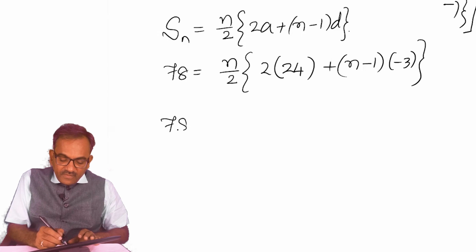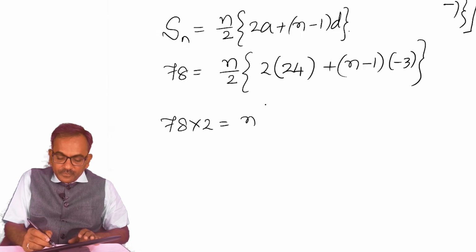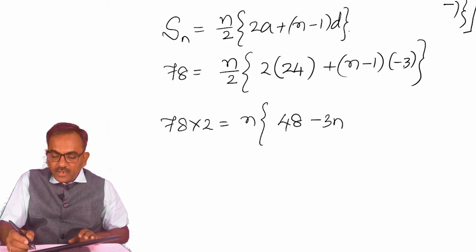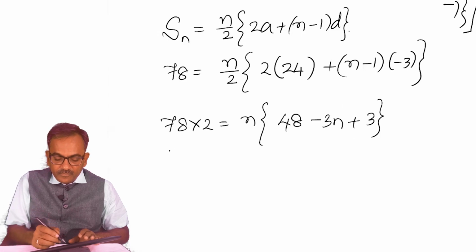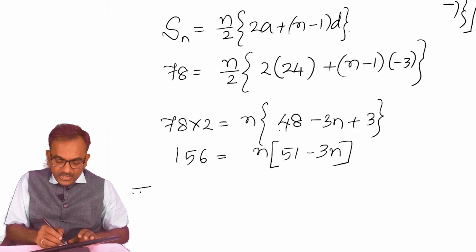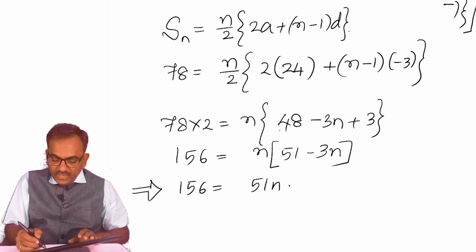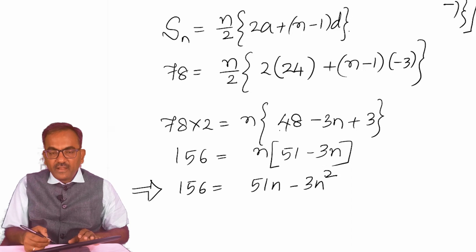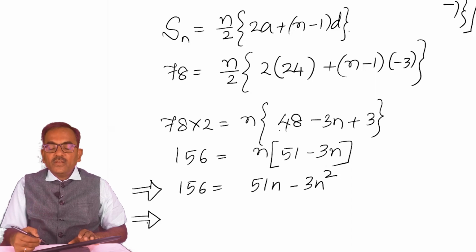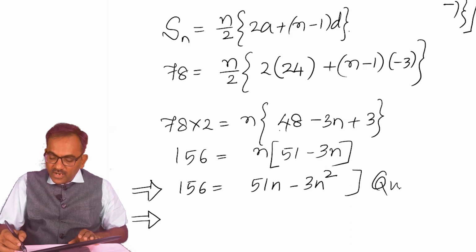So this is 78 into 2 is equal to n times 24 2s are 48 minus 3n, minus into minus is plus 3. 156 is equal to n times 48 plus 3 is 51 minus 3n, which further implies 156 is equal to 51n minus 3n square, which when you rearrange the terms is a quadratic equation.